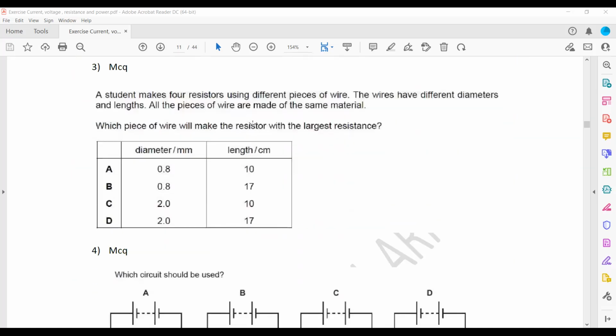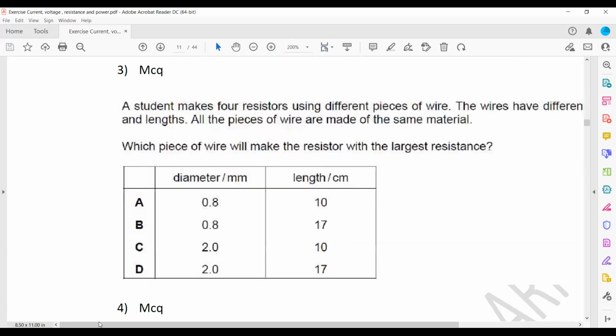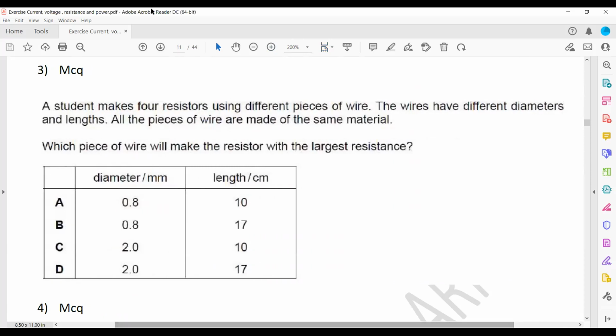Another question. You will find similar questions every time, relating length and area with the resistance. In this question, we want the largest resistance.